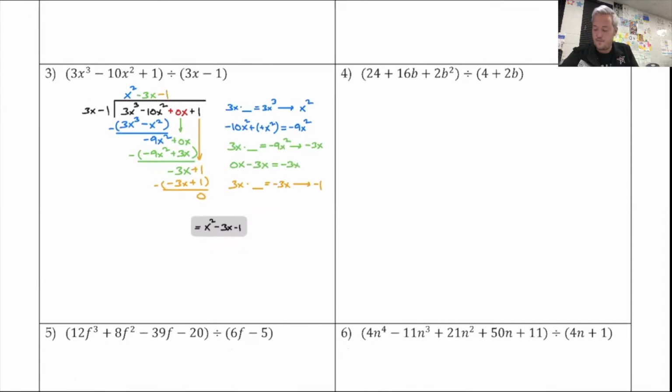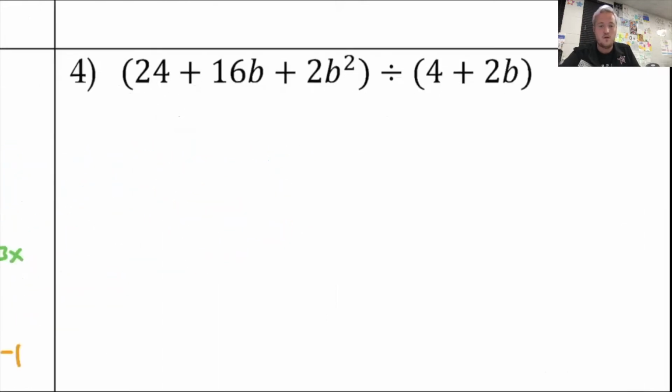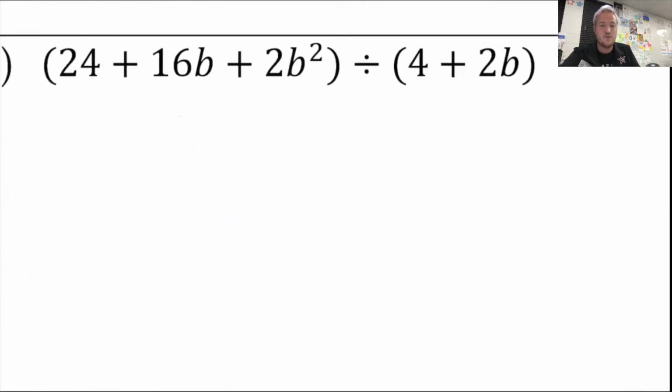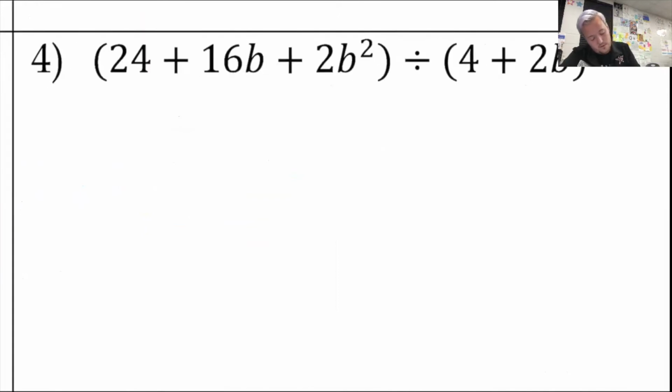All right, so for the next one, number 4. Now if you notice here, it just needs to be reordered. So I'm going to fix the order.